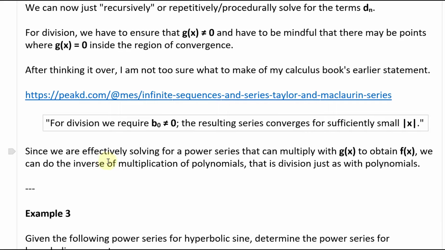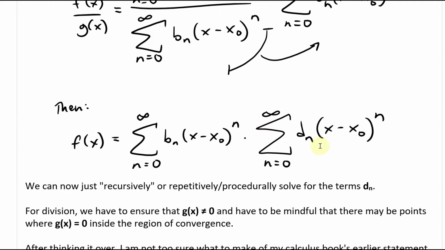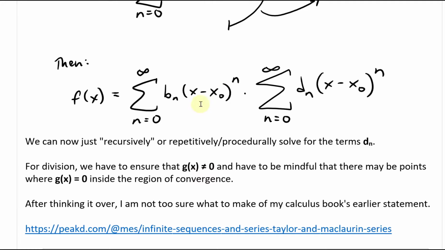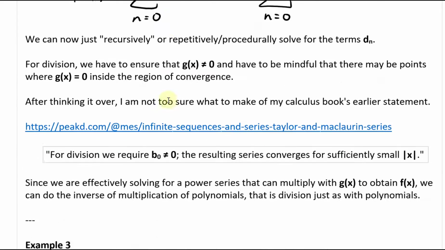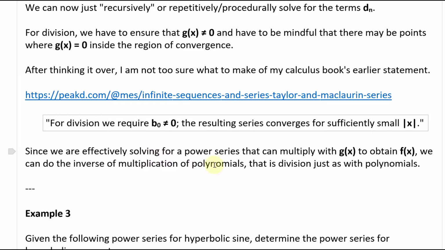So anyways, since we are effectively solving for a power series that can multiply with g of x to obtain f of x, that's right here. We just multiplied this g of x, which is the series with coefficients bn times (x minus x naught) to the power of n, to get this f of x. We can just do the inverse of multiplication of polynomials, that is division, just as with polynomials.